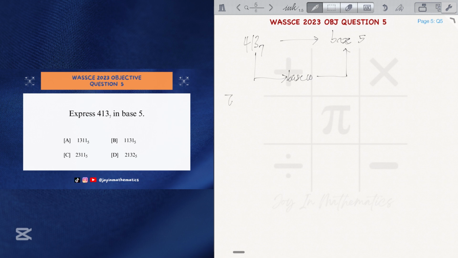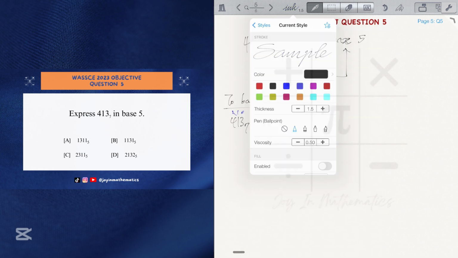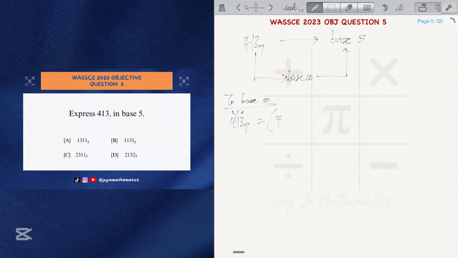Let's convert it to base 10. So 413 base 7, converting to base 10. The usual concept is just to label the powers 0, 1, and 2. We begin with 4. We're using 7 as the multiplier, and the power will be the number on top, 2.